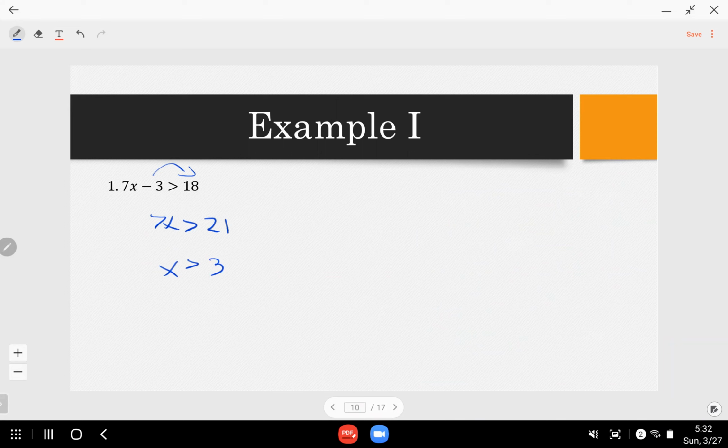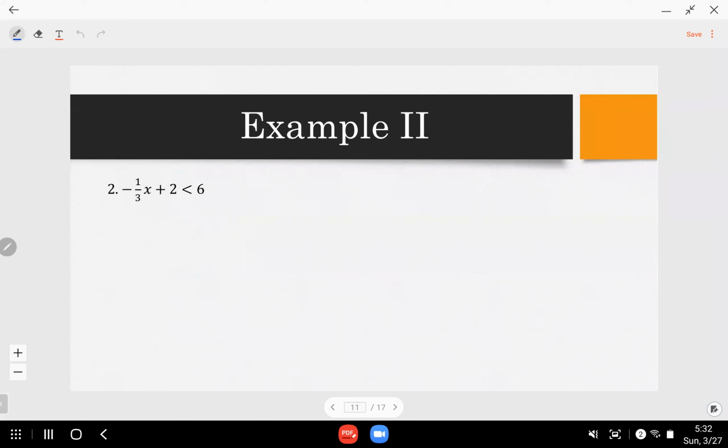So I do not need to flip the sign. But when you are doing that, then you need to flip the sign. So, moving on, let's go on to our second example. Again, move the 2 to the other side.